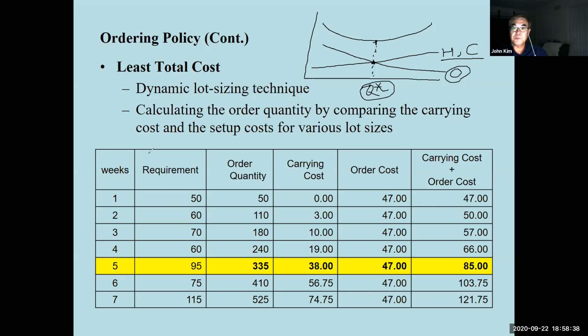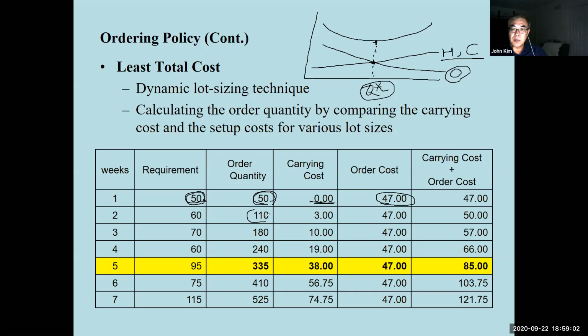So if the first week needs 50, order 50 and use 50, so there is no carryover. Zero carryover cost, but some order cost.